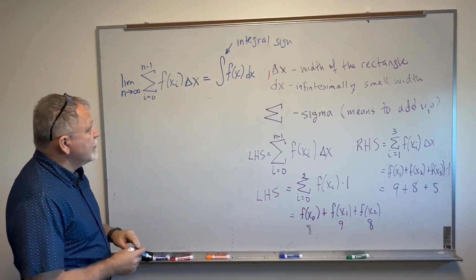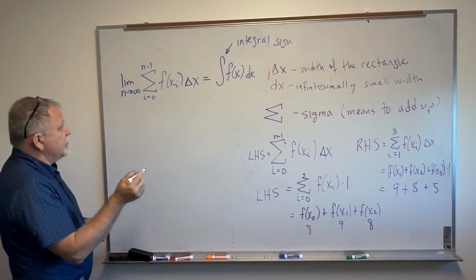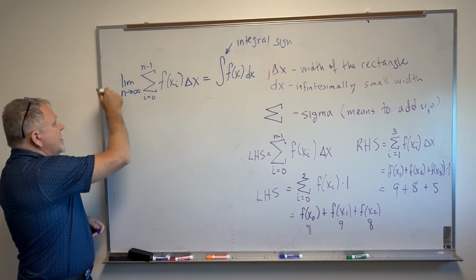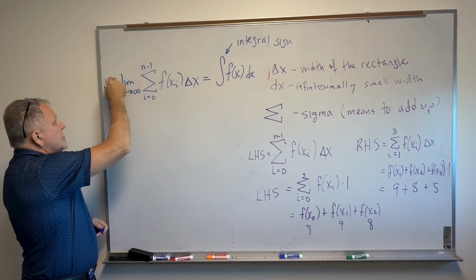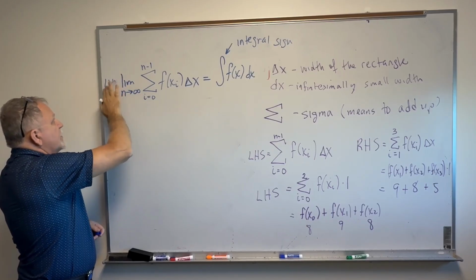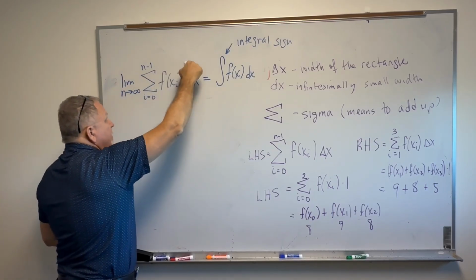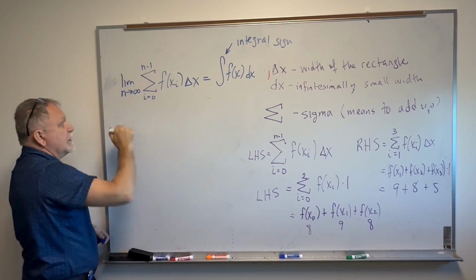That's the notation there. Well, it turns out that if you're using infinitely many rectangles, this left-hand sum, which I should just write right here, is the left-hand sum before we put the limit on it.